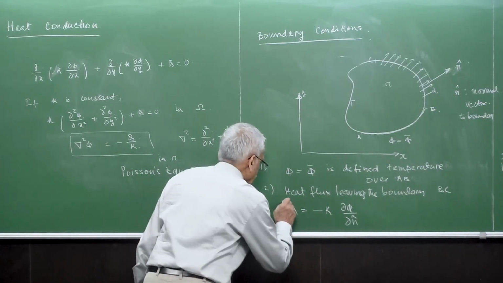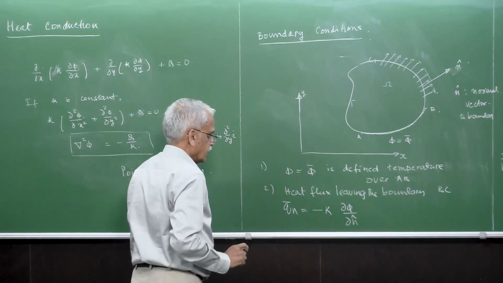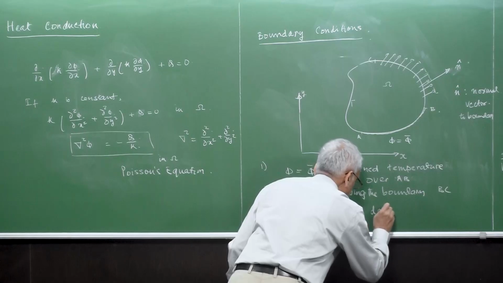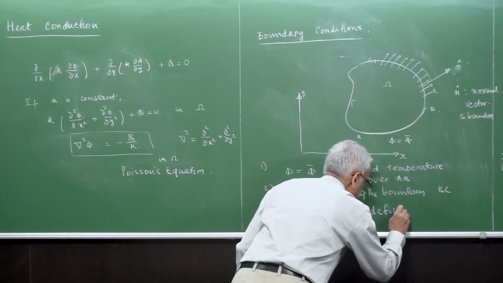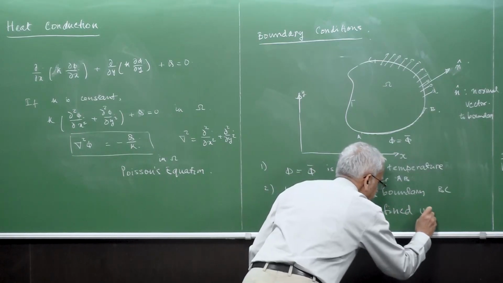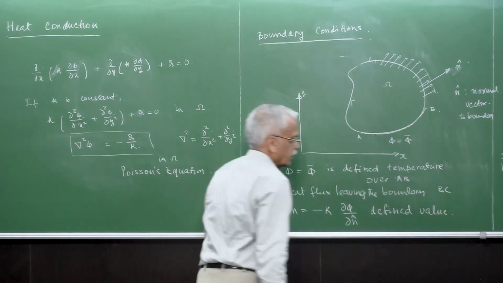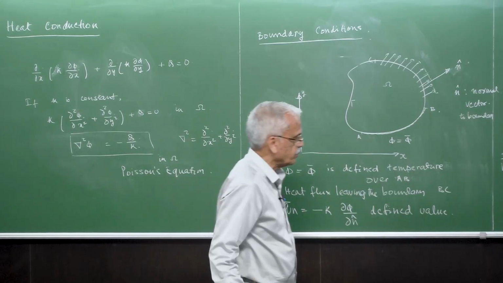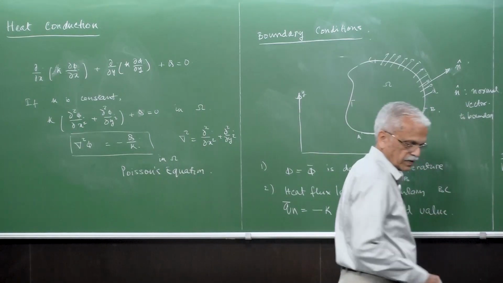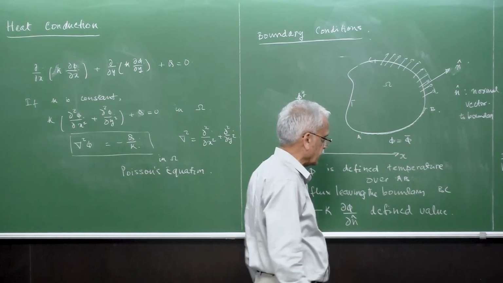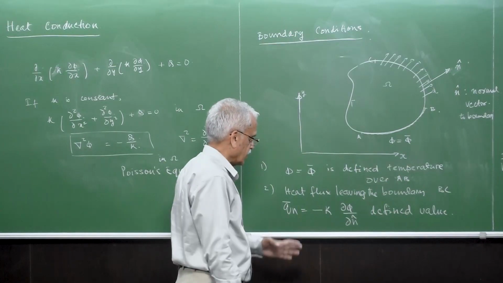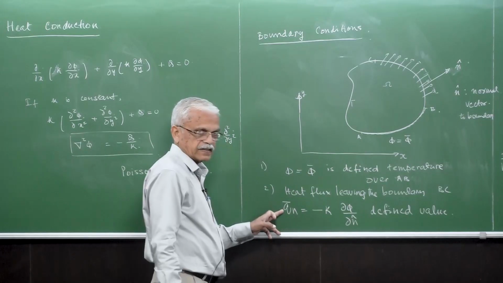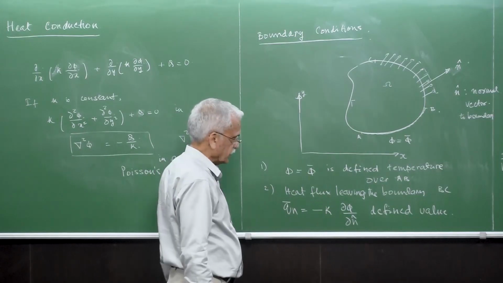So this is a defined value Qn. This is another boundary condition where heat flux is defined; again I put a bar here which shows that this is a defined value.